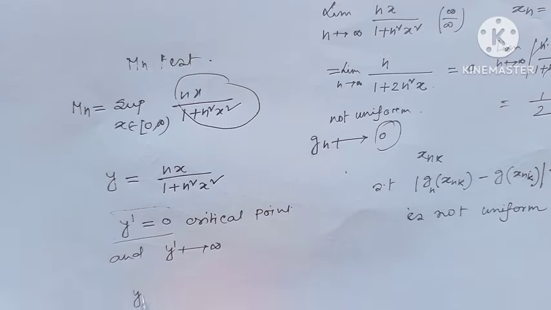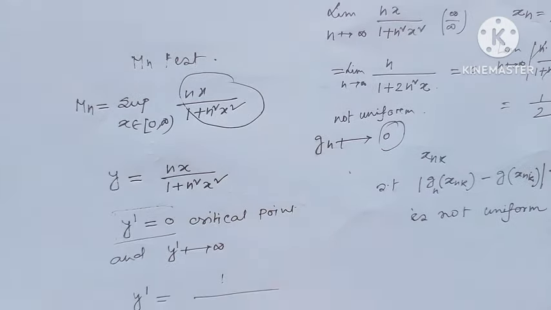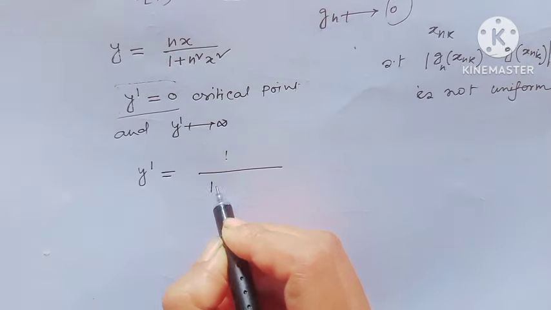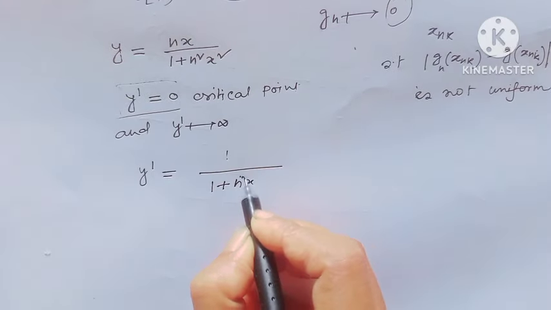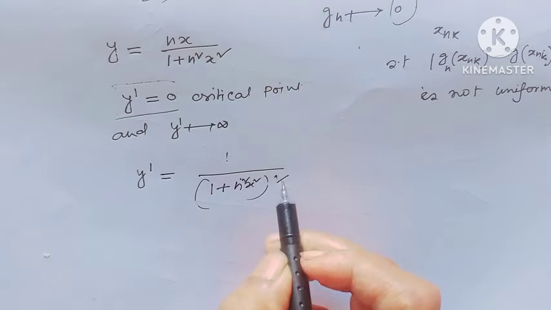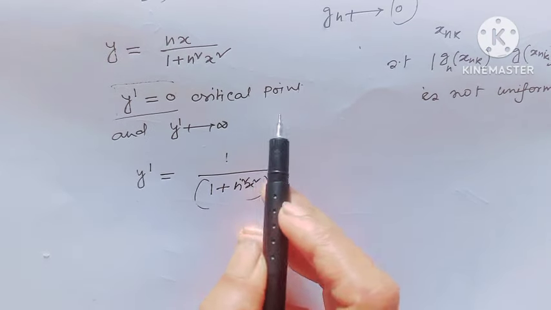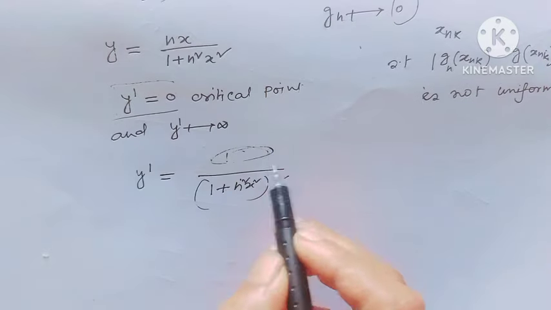Here y dash equal to, always the denominator part would be (1 + n² x²) whole square. Critical point means either y dash equal to 0 or y dash tends to infinity.